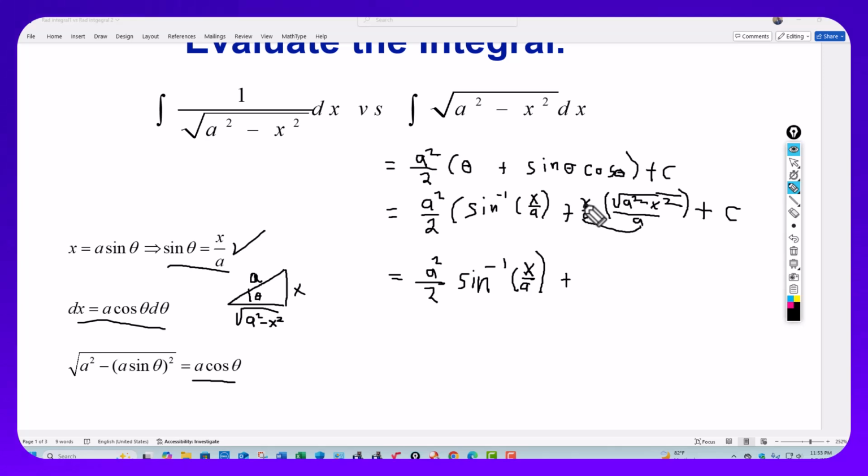So in front here, I get x over 2, times the square root of a squared minus x squared, plus c. So again, a squared over 2 multiplies sine inverse of x over a, plus x over 2 multiplies this radical expression over here, the square root of a squared minus x squared. Then it's plus the constant of integration.